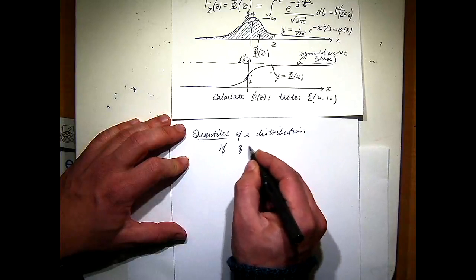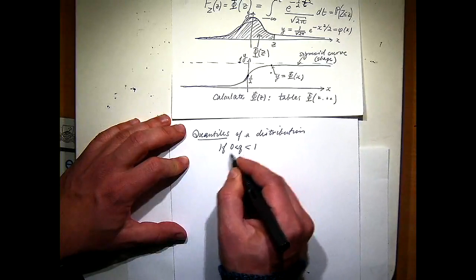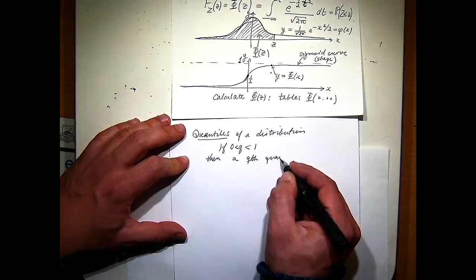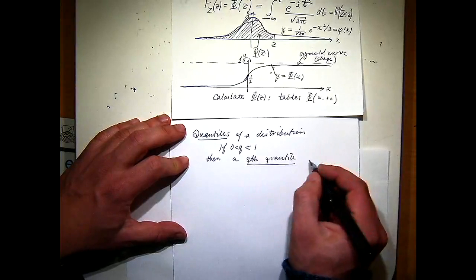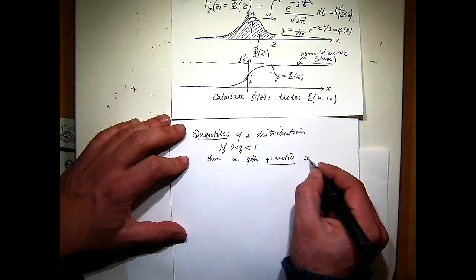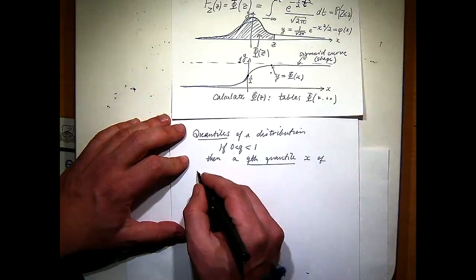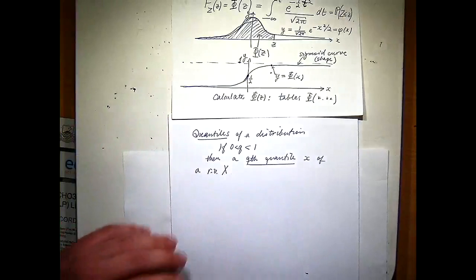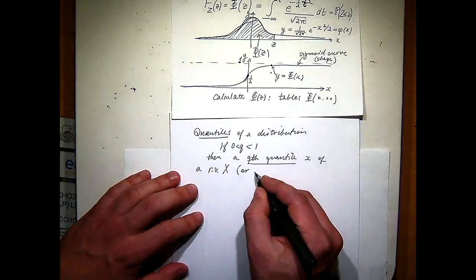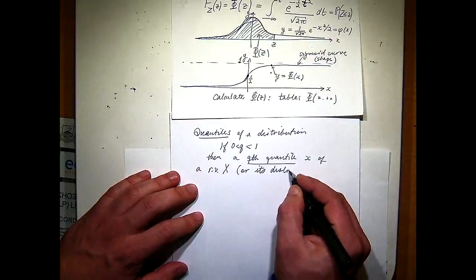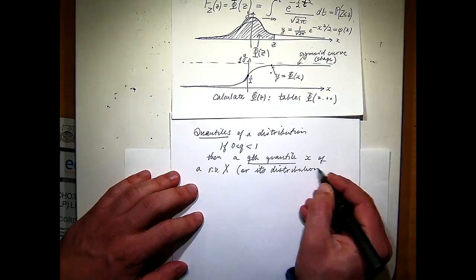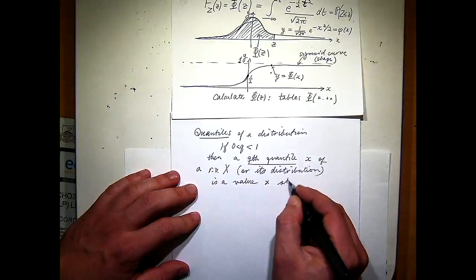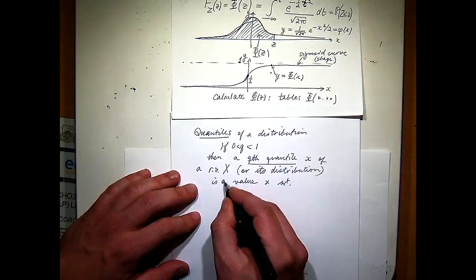If q is between 0 and 1, then a q quantile, I'll just call it x, of a random variable X, or you can also say the quantile of its distribution, is a value x such that, now I guess the exact definition would usually be the following.